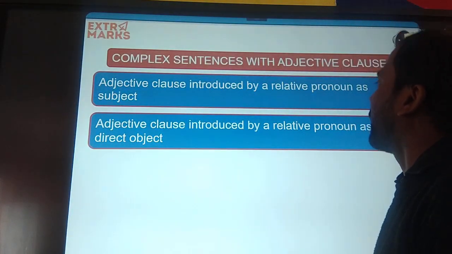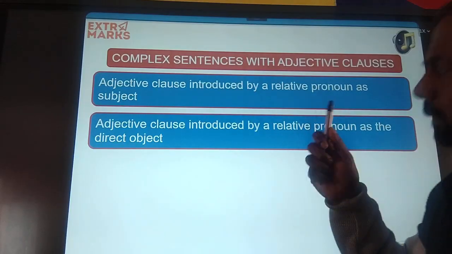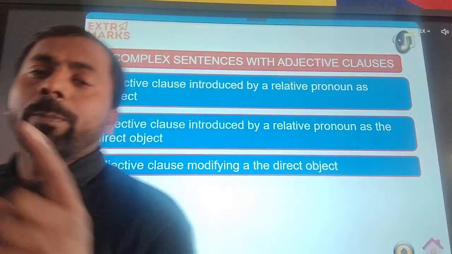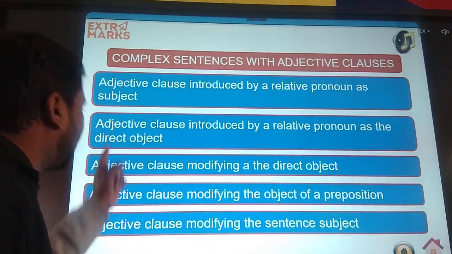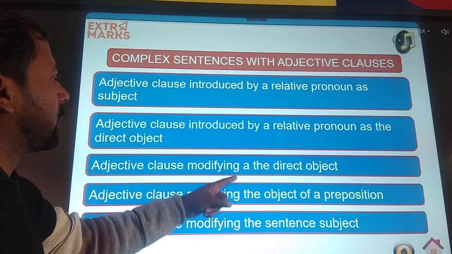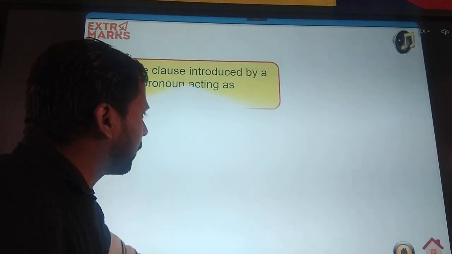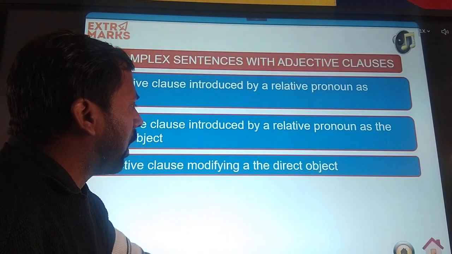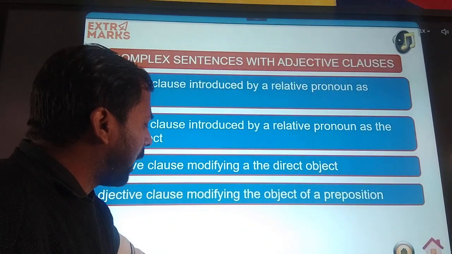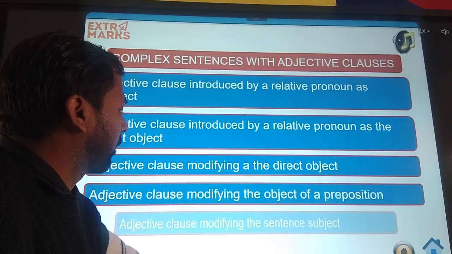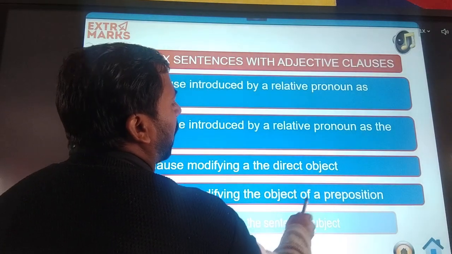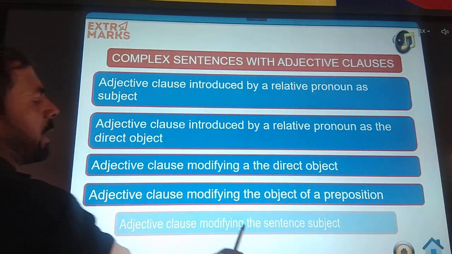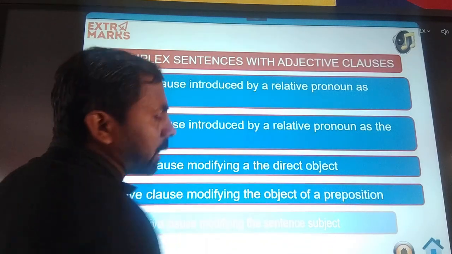The adjective clause is introduced by a relative pronoun as a subject, relative pronoun as an object, modifying the object of a preposition, and modifying the sentence as a subject.